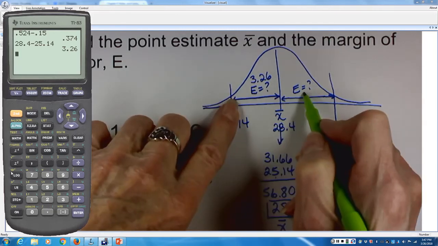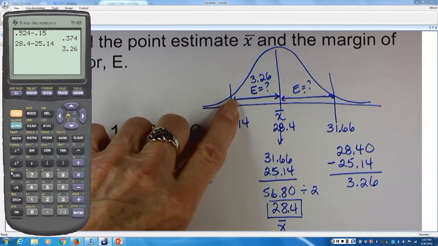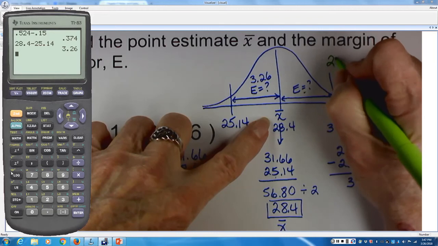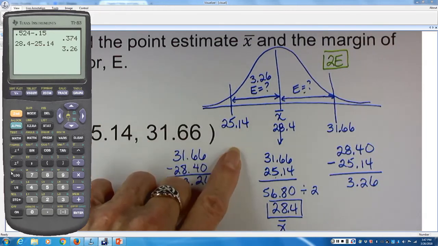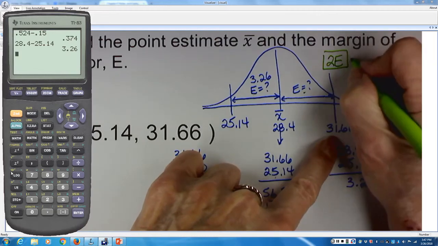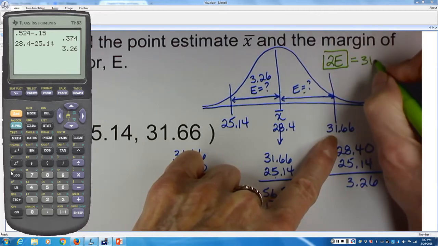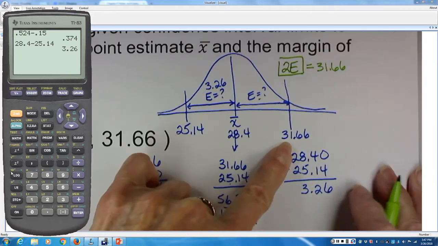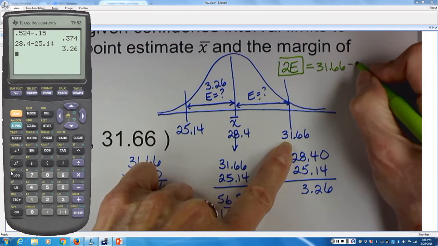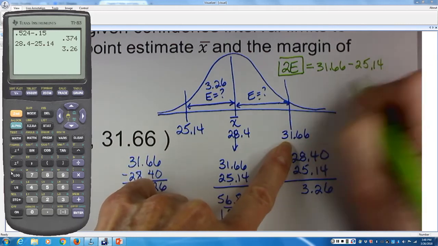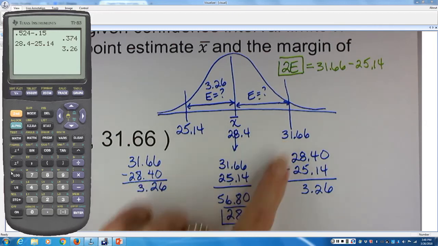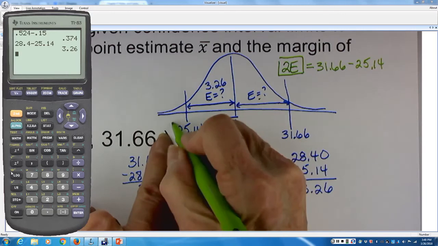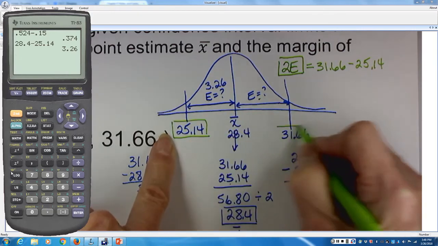This is E and this is E. E plus E is 2 E's. That whole thing is 2E wide. And 31.66 minus 25.14. Is that supposed to be addition or subtraction on the right side? No, it's going to be subtraction because I'm finding out how far it is from here to here.